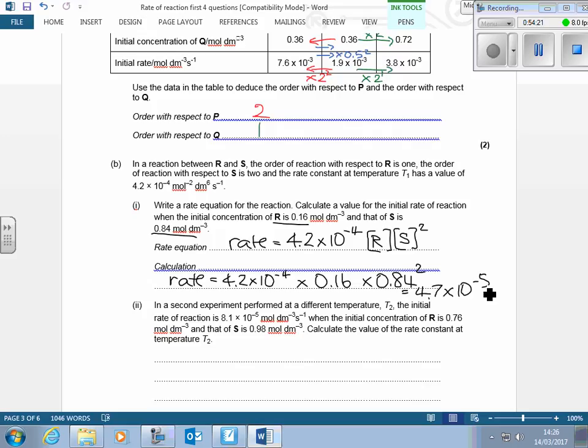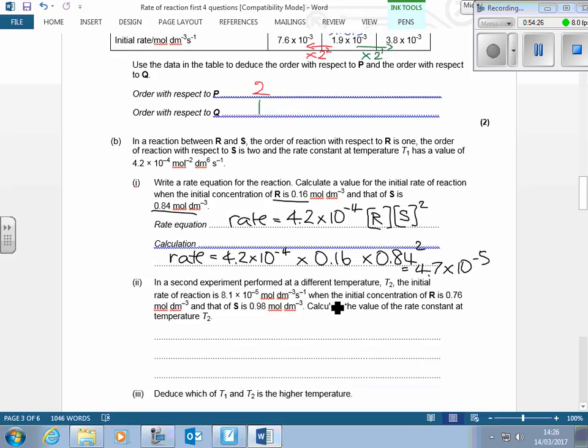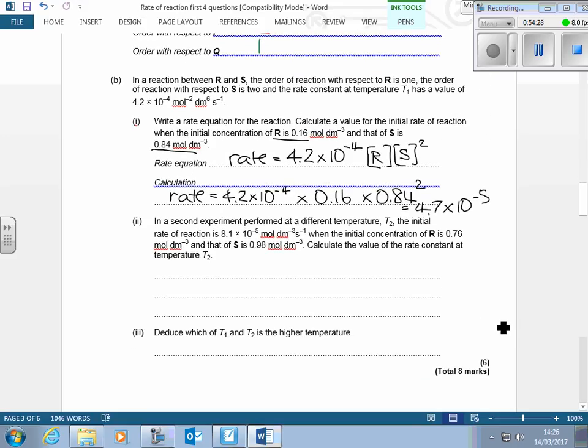Okay, where do we go next then? The next one, second experiment at a different temperature. The initial rate is 8.1 times 10 to the minus 5, when the initial concentration of R is 0.76, and S is 0.98. Sorry, all the numbers were running together there. So it's calculate the rate constant.